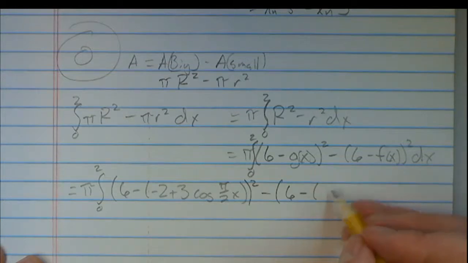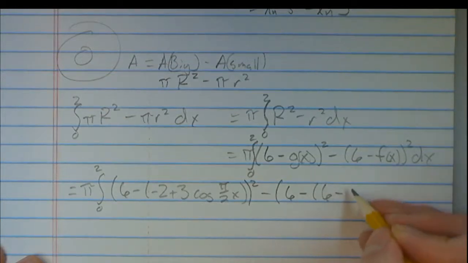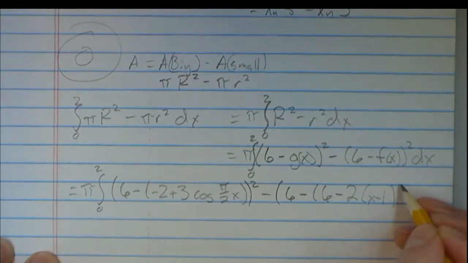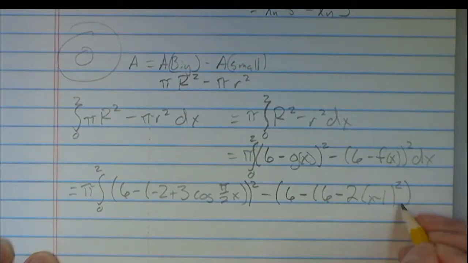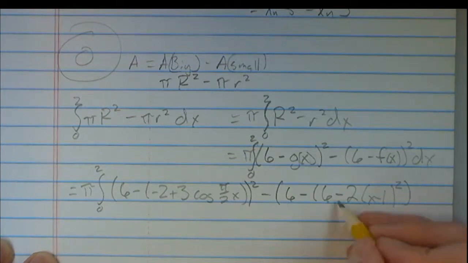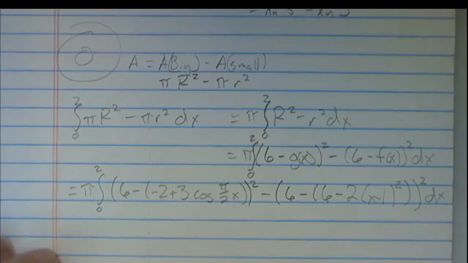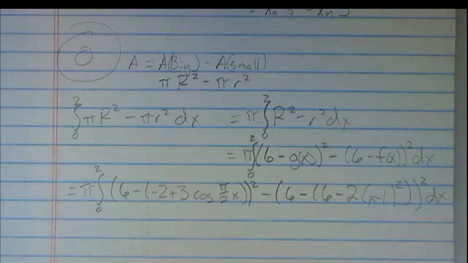Sorry. 6 minus 2x minus 1 squared. That parenthesis there, that one I have to close and square the whole thing. Now, it just tells us to write but do not evaluate, so we're fine. Honestly, this is going to be easier for them to read and understand and grade than if you fancied it up at all, tried to simplify it. So, yeah, leave it like that.